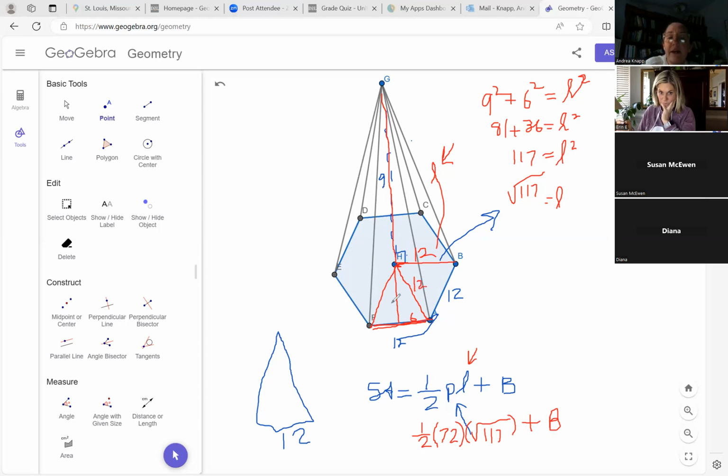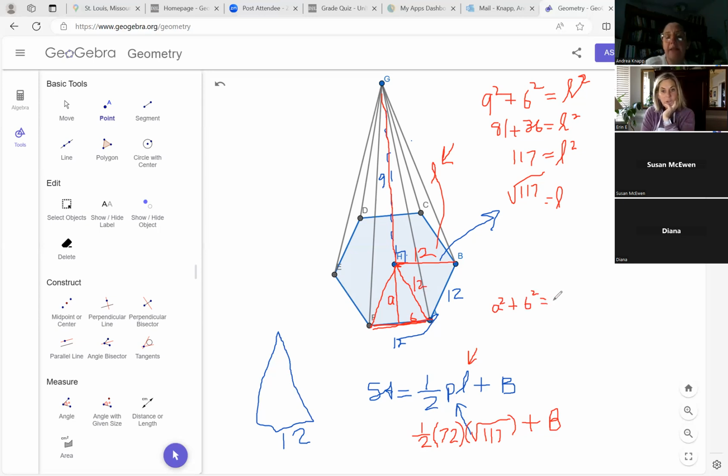And then we have to find the bottom right here. Plus b squared equals 12 squared.